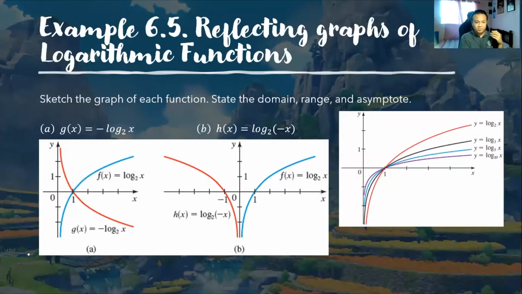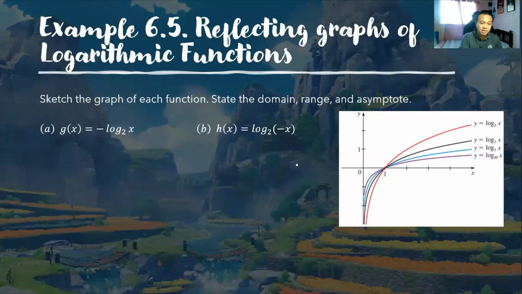What are the domain, range, and asymptote there? This is how you write the domain: x such that x is a set of all real numbers provided that. The domain of g is what?